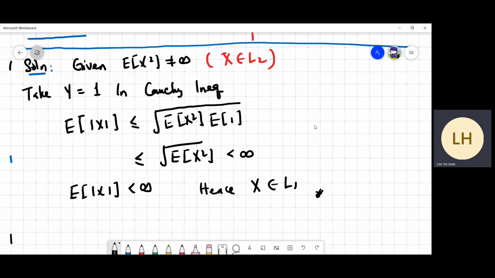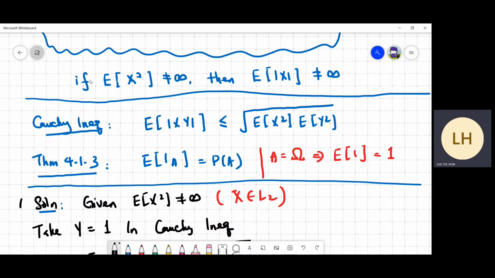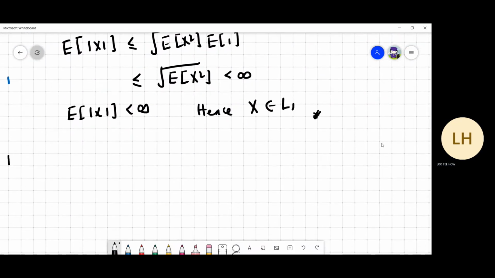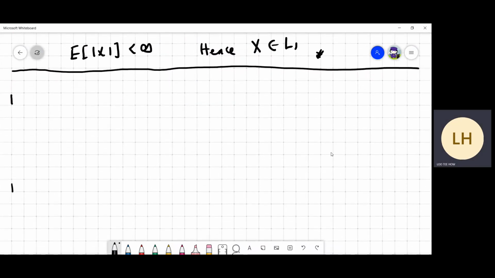This is how we can apply the Cauchy-Schwarz inequality to prove this simple statement: if E of x squared is not infinity, then E of modulus of x will not be infinity. So this is the first example of applying the Cauchy-Schwarz inequality in solving a problem.